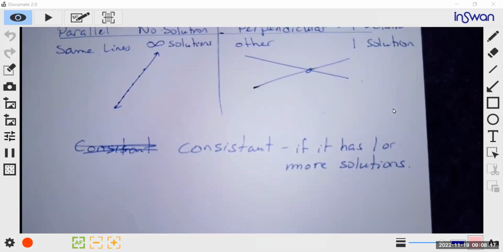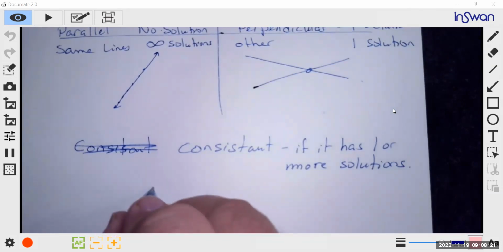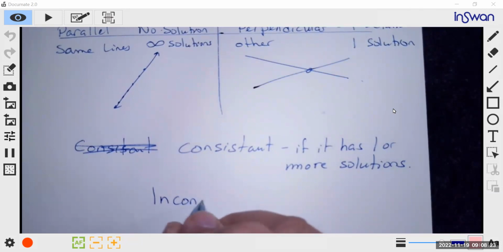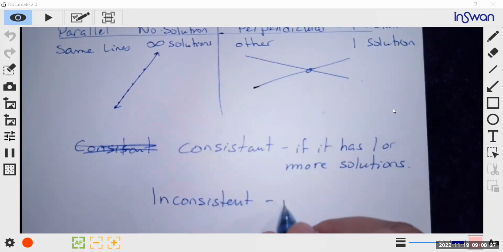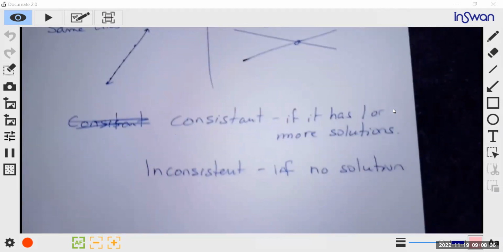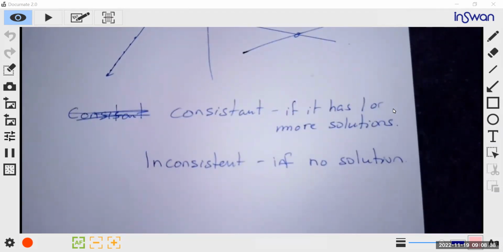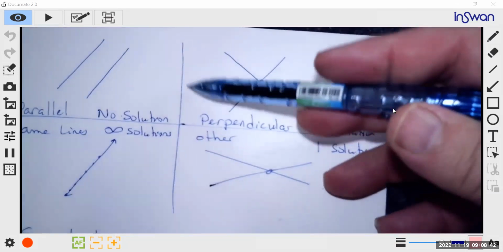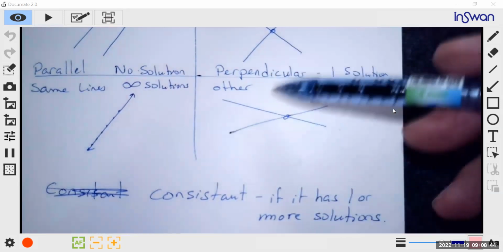Two lines are consistent if they have one or more solutions. They're inconsistent if they have no solution. So parallel lines are inconsistent. Everything else is consistent.